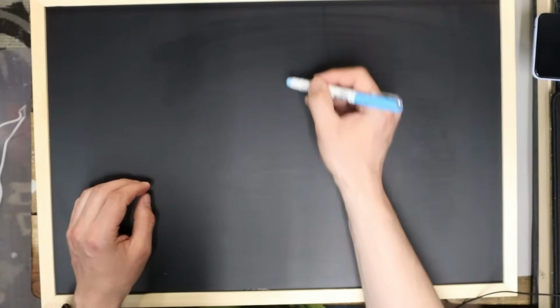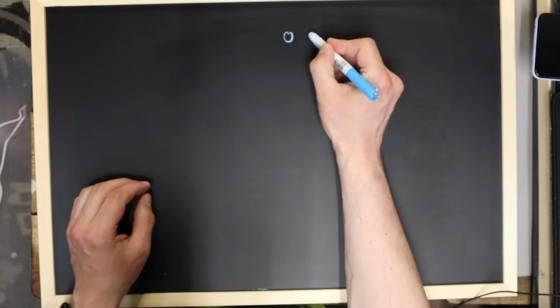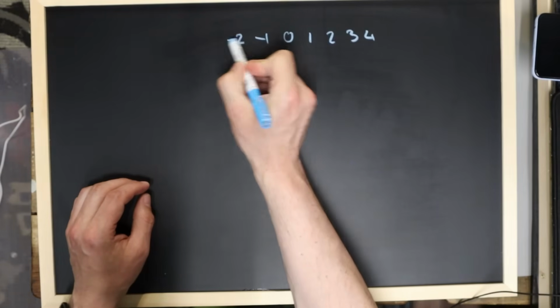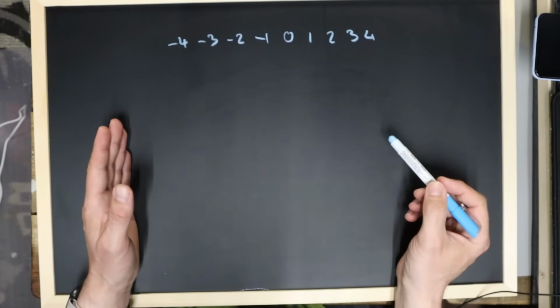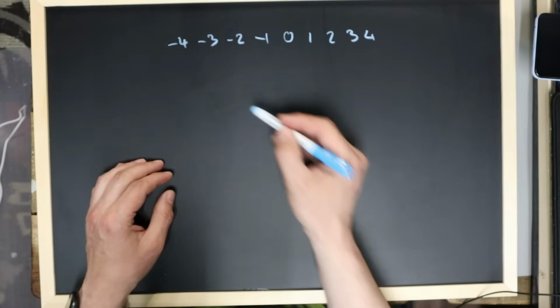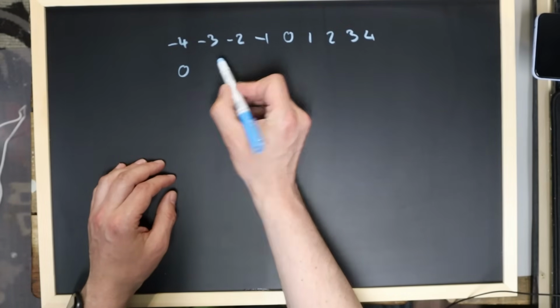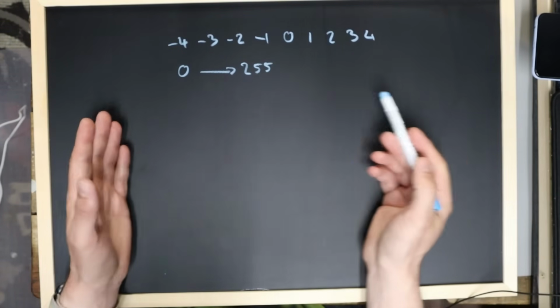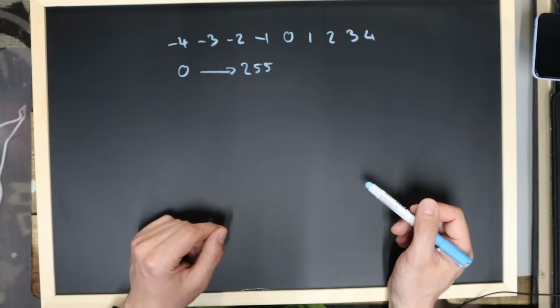In regular counting, you'd have 0 here, and then positive numbers go this way, and negative numbers go this way. Usually with binary, if you have an 8-bit number, they start from 0, and then they just count upwards to whatever the maximum number is. What if we did it slightly different?